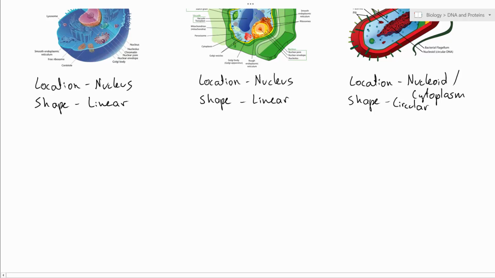By that I mean if we have several chromosomes here, eukaryotic cells will have these kind of lines, whereas we'll have a big circular chromosome. So a single big circular chromosome in a prokaryotic cell, whereas we might have several linear ones in eukaryotic organisms such as plants and animals.